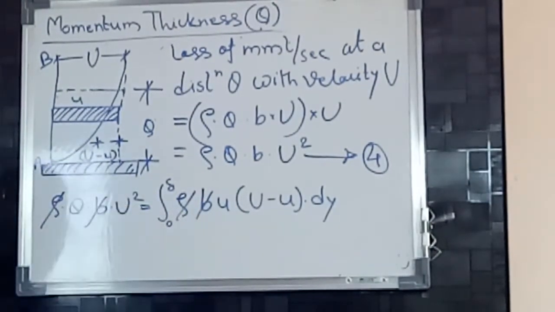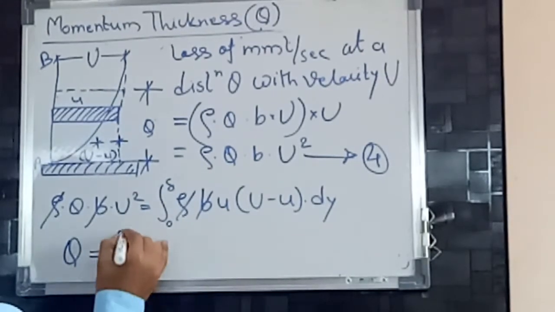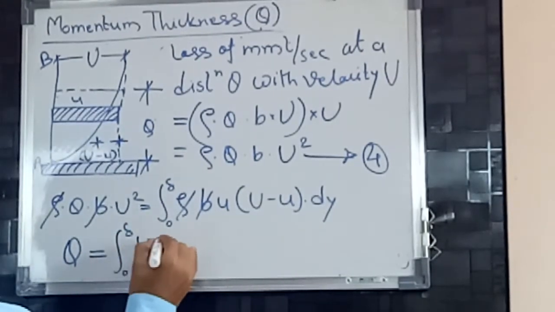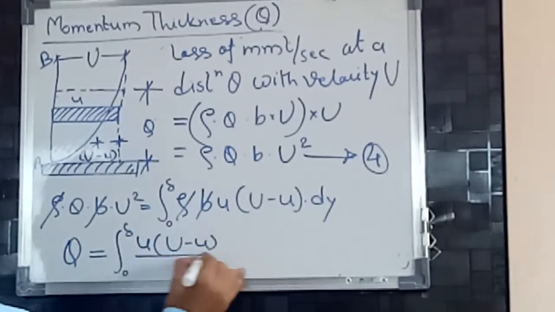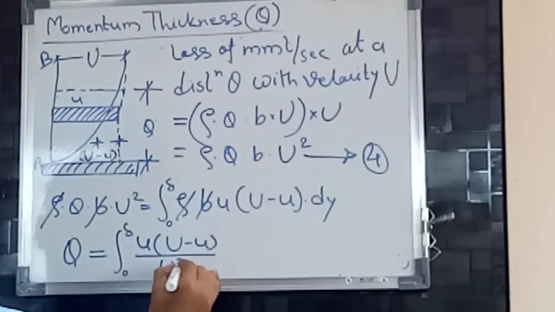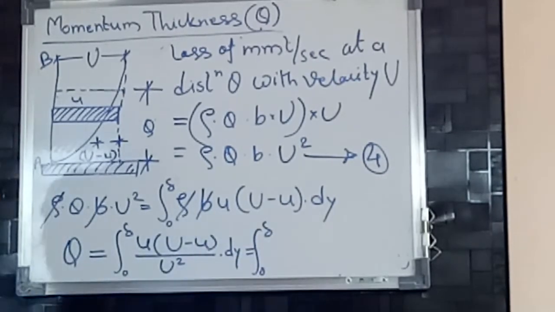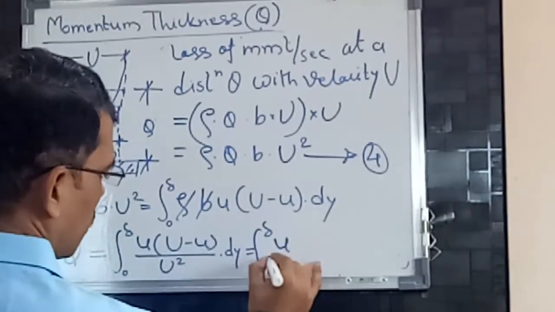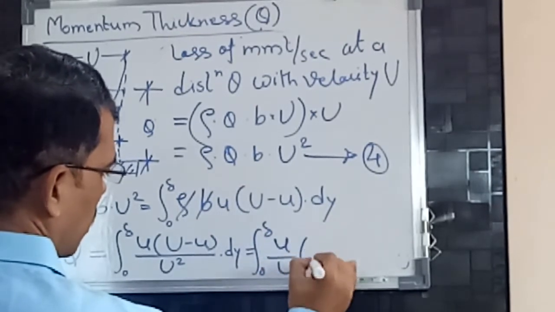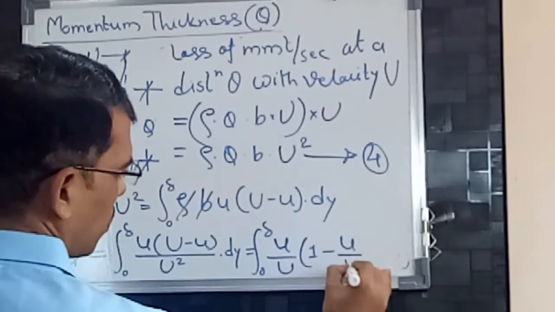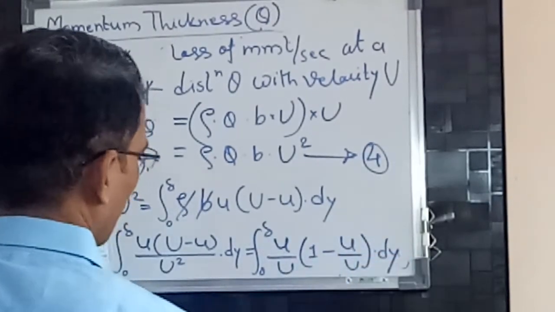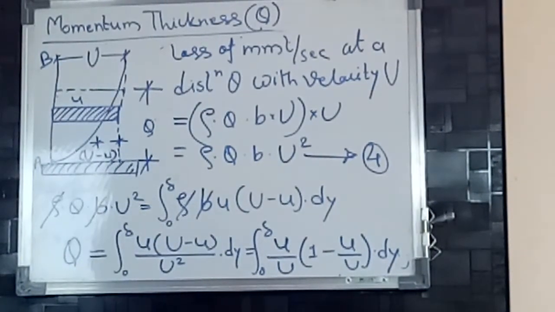So what we require is theta equal to the integration 0 to delta of u by U into 1 minus u by U into dy, again 0 to infinity. So this is our momentum thickness.